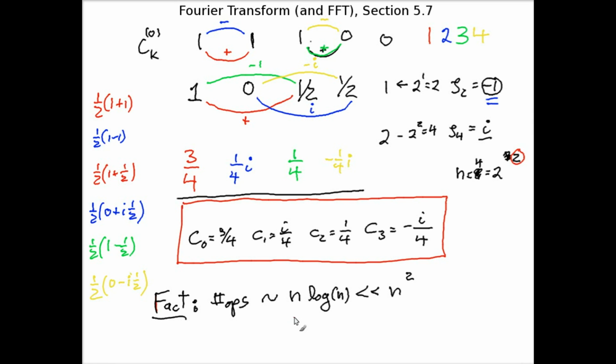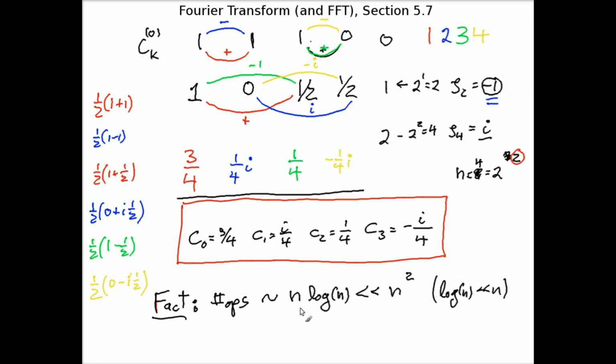So this is much less than this because if you cancel the n's, this is just saying log n is much less than n. And that's true. Log grows incredibly slowly. It's the sort of opposite to the fact that exponential grows incredibly fast.